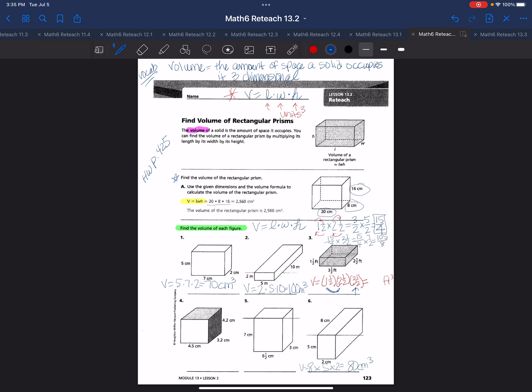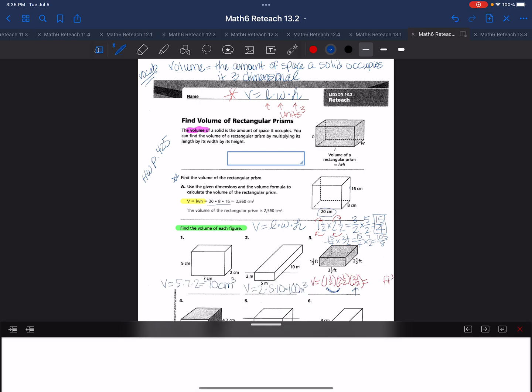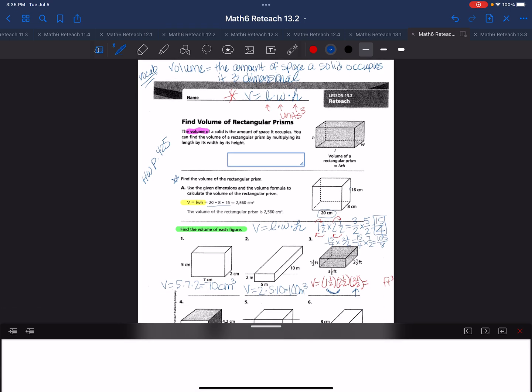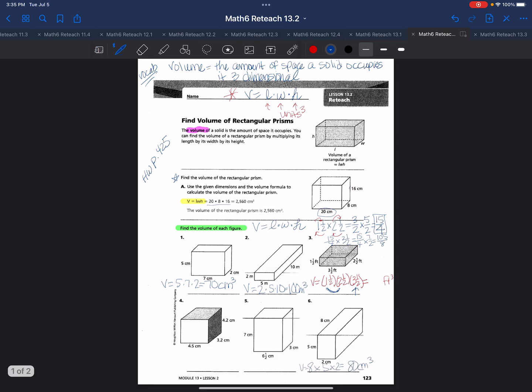Now I need to go ahead and divide. So I have 105 divided by 8. 8 goes into 10 one time. 1 times 8 is 8.